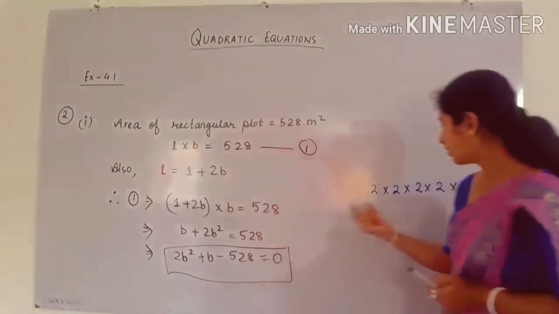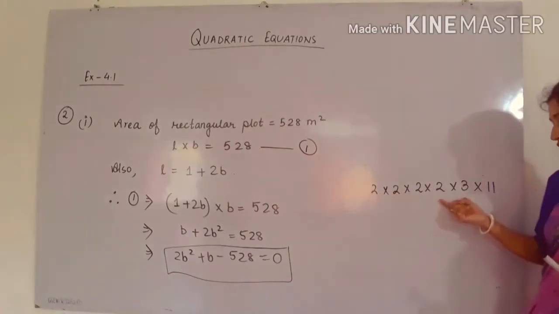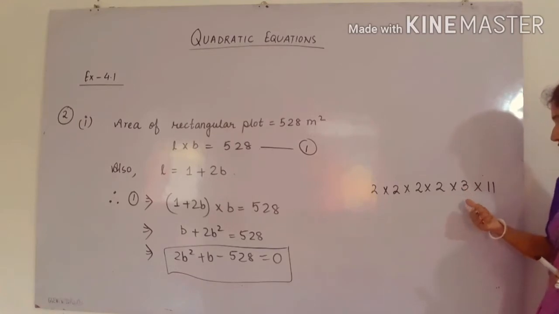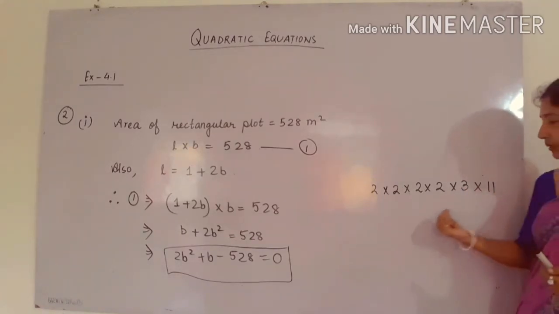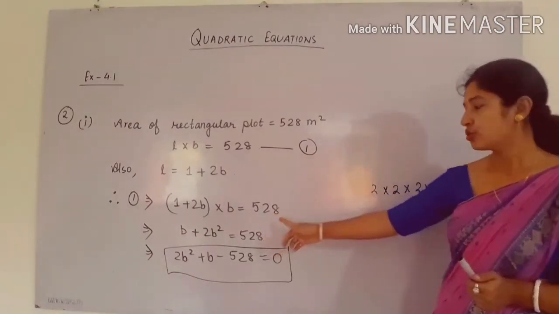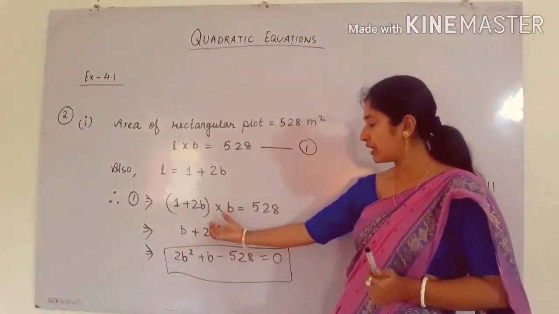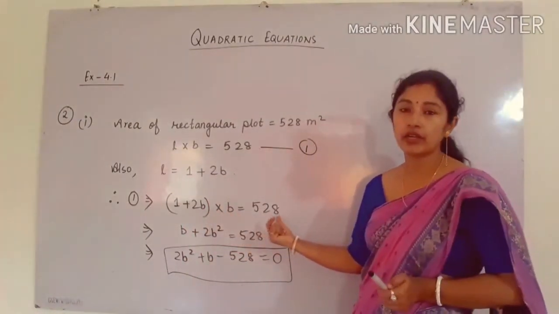By factorization I got 4 number of 2's, 1 three, and 1 eleven. After multiplying all these numbers, we get 528. So in this equation, what two numbers, when we multiply, give 528?